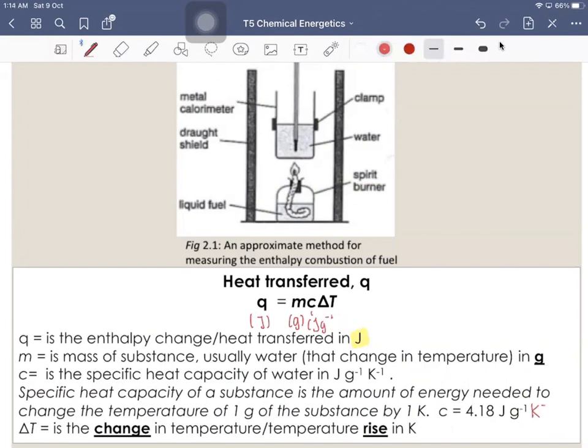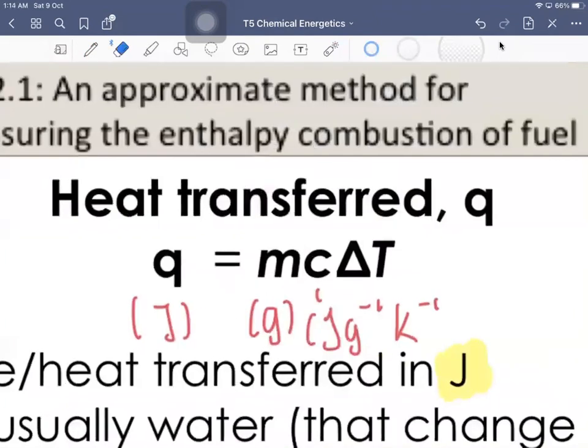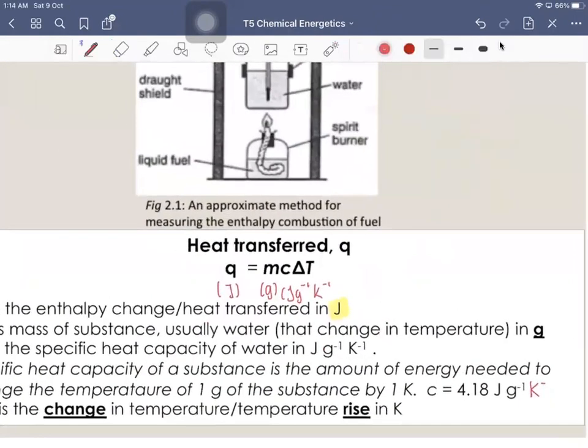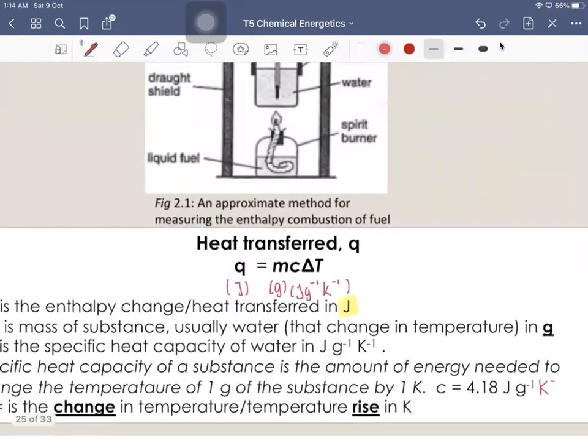Grams to the power of -1, Kelvin to the power of -1. That is for specific heat capacity, which has a value of 4.18 joules per gram per Kelvin. Okay, so please make sure you add this to your notes.